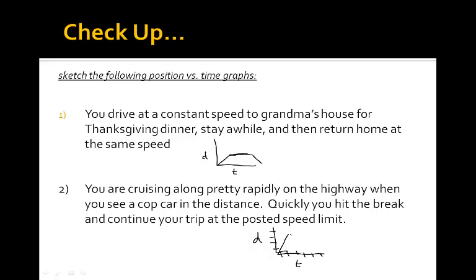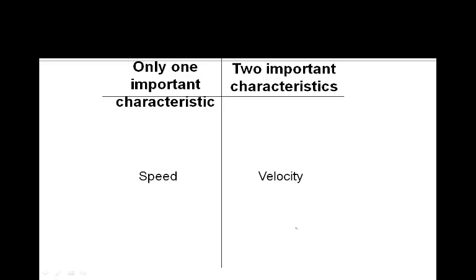I see that policeman and I get back within the speed limit, and it's going to flatten out. It's supposed to be nice and flat, not curved, but there it goes. So prior to seeing the policeman and after seeing the policeman, all it does is change the slope there.